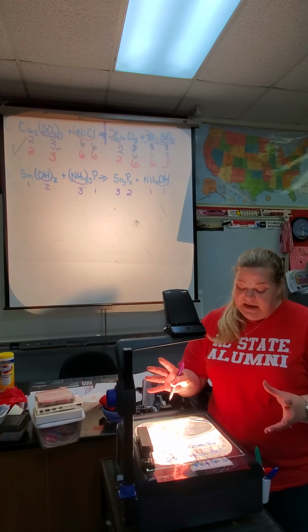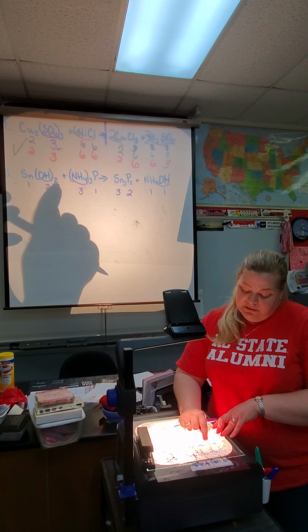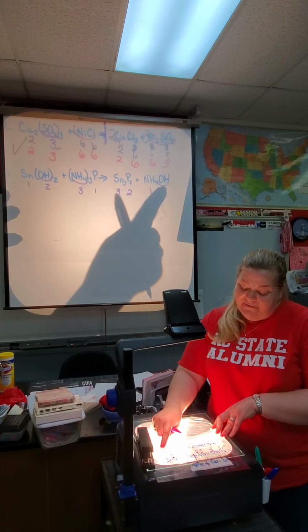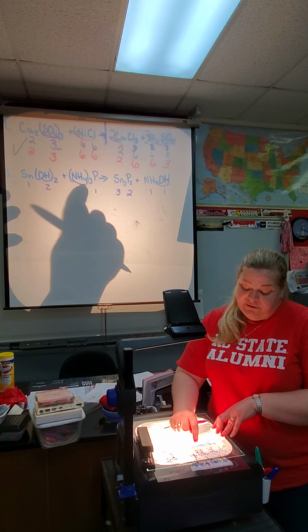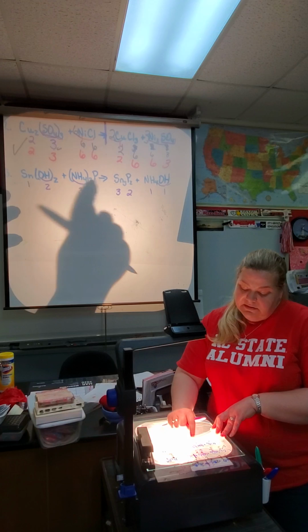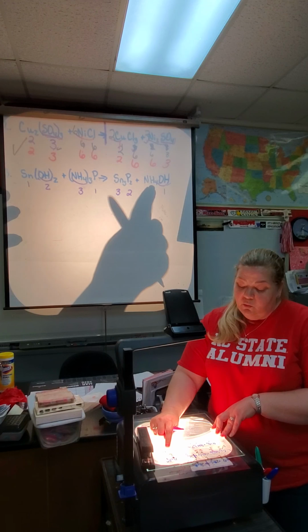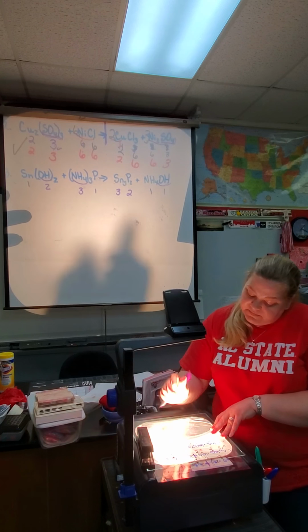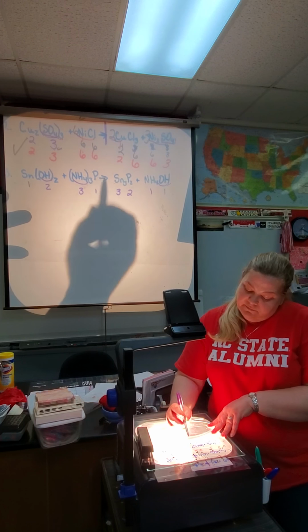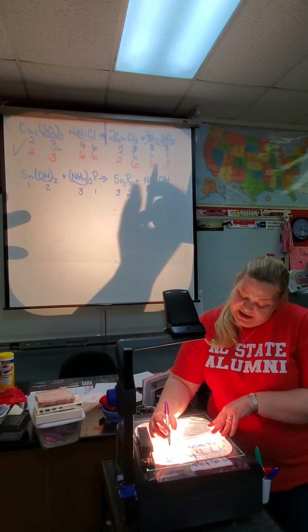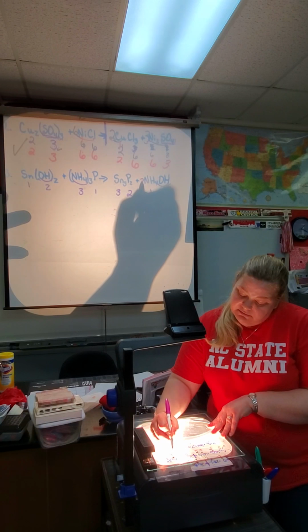Start with your polyatomics. I have 2 polyatomics of hydroxide. I have 1 hydroxide. I have 3 ammoniums. I have 1 ammonium. So now you've got to figure out how to balance this. So you'll put a 3 here.